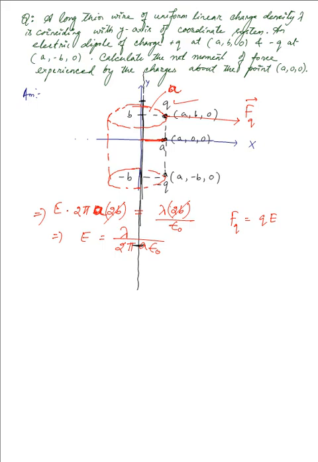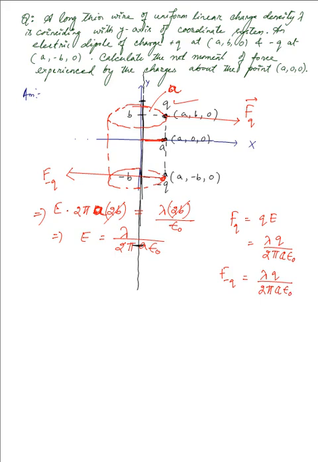So that is going to be equal to lambda q over 2 pi a epsilon naught. Similarly, the negative charge is going to experience force along this direction. So this is F on minus q, which is going to be in the other direction, but the value remains the same: lambda q over 2 pi a epsilon naught.